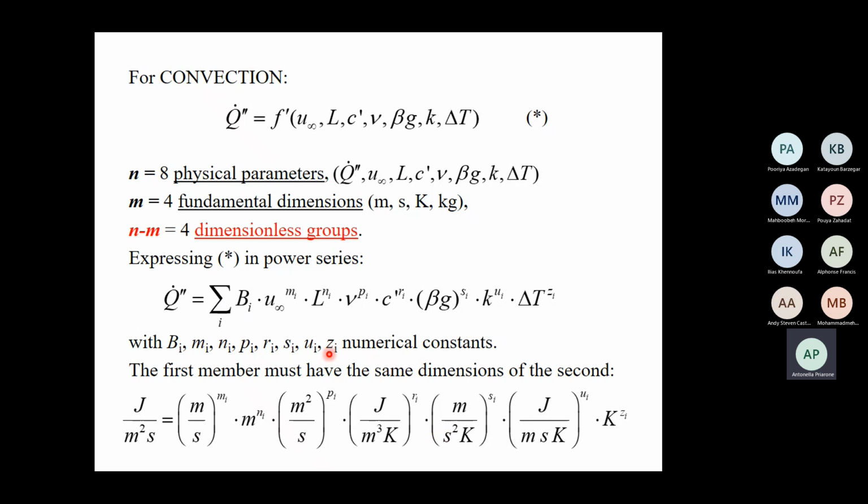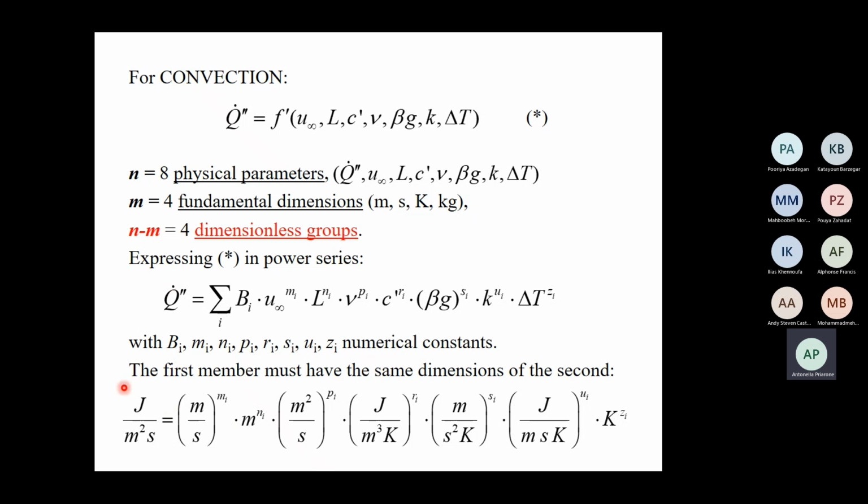Here, the importance of the units. We know that in an equation, the first member must have the same units as the second member, obviously. So I need to know the units of heat flux, U, L, nu, because without knowing the units, I am not able to apply this method.